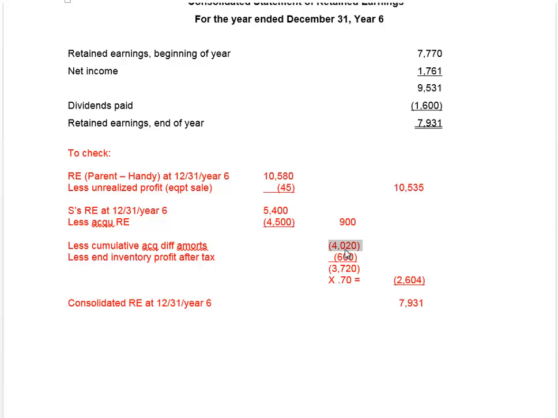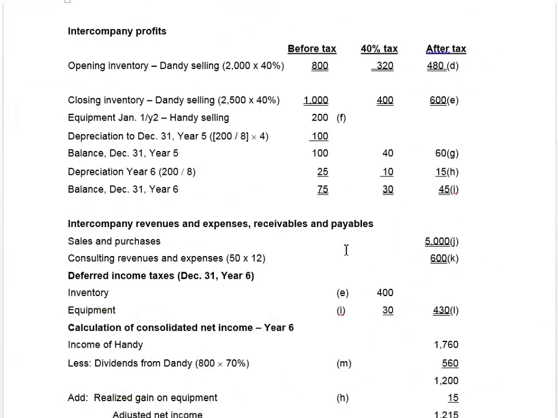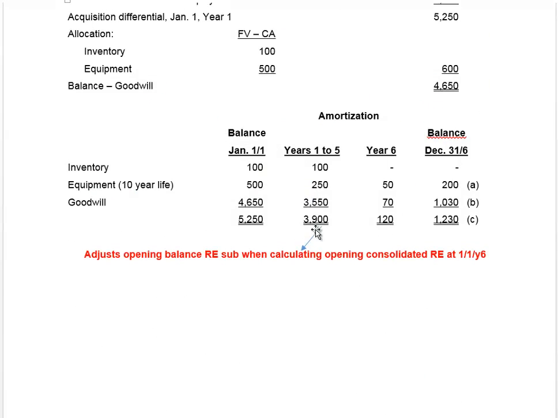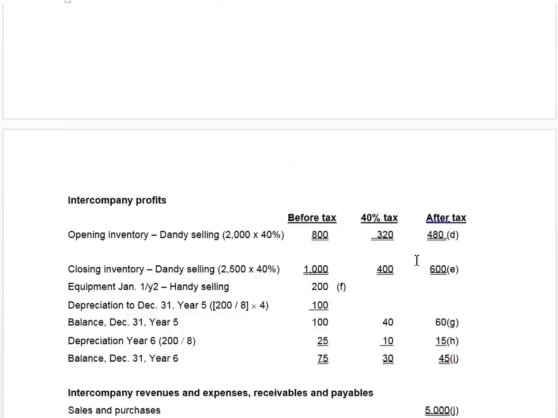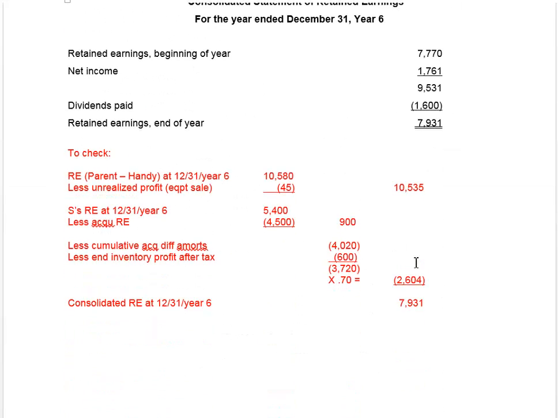So you remember that's your $3,900 to the end of year 5 plus the extra $120 in year 6. So if you want to go back and check that, here it is. $3,900 plus $120 gives us $4,020 in total. And that's our adjustment to our ending retained earnings balance here.